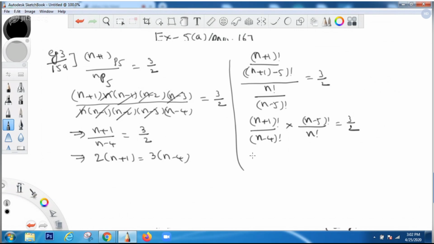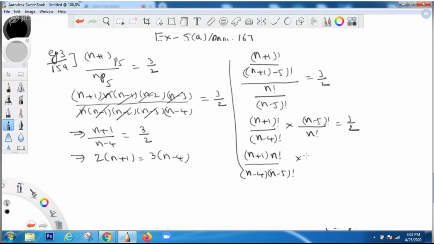This (n plus 1) factorial is (n plus 1) into n factorial. After n plus 1, n comes, subtracting 1. n factorial divided by (n minus 4), after that n minus 4 minus 1, n minus 5. Therefore, it is (n minus 4) into (n minus 5) factorial.